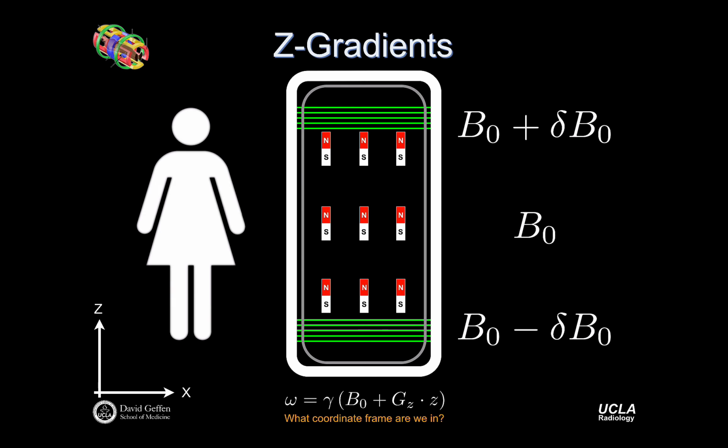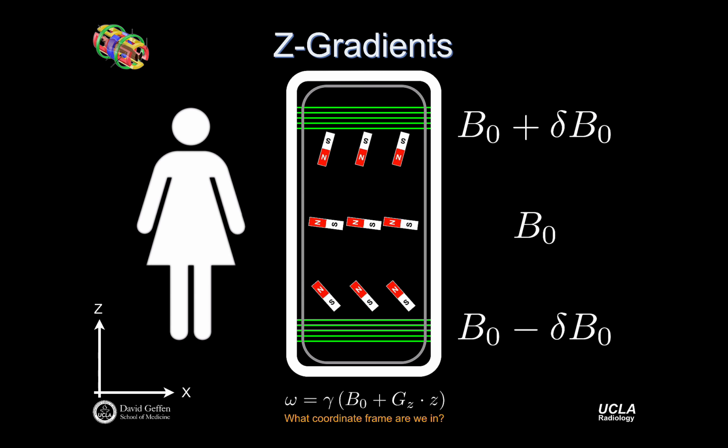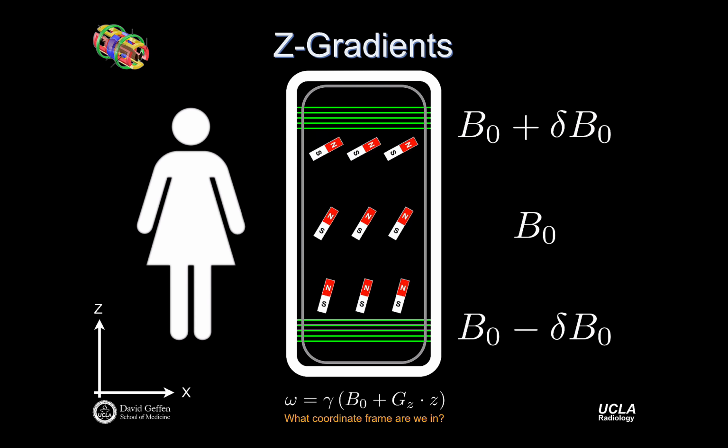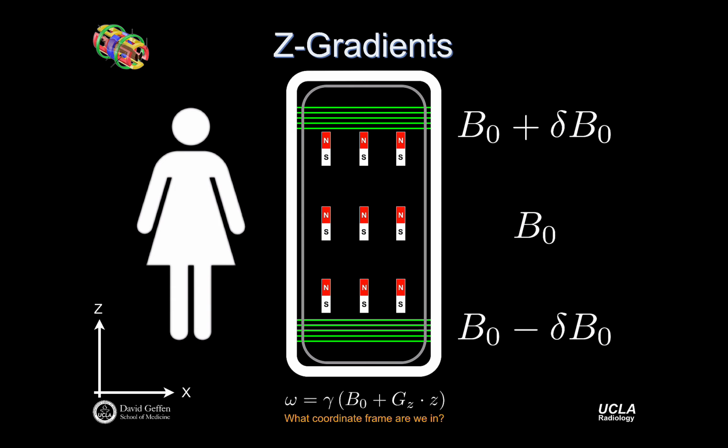The expectation is that when you energize the gradient field coil and look at the precessional frequency, you have lower precessional frequencies at the foot, intermediate frequencies in the middle, and then faster precession at the head of the scanner. It all comes out of this dot product: what's the magnitude of the gradient you've turned on, and how far away are you from isocenter?